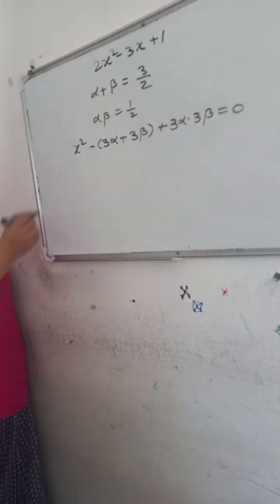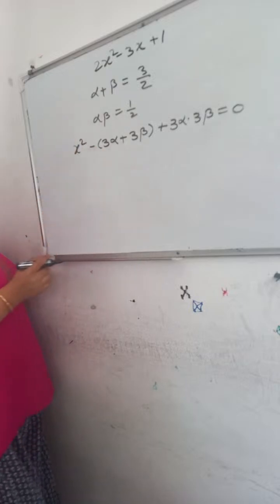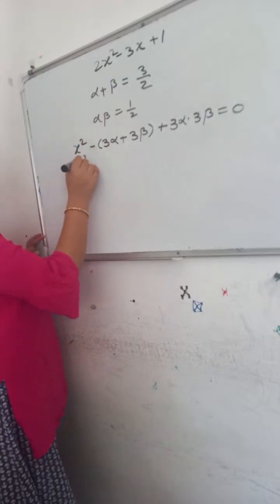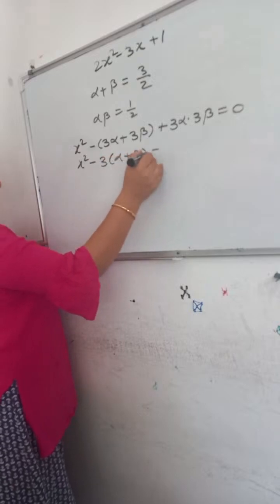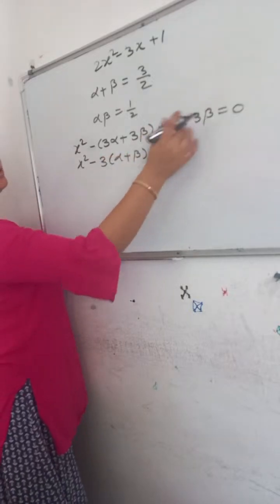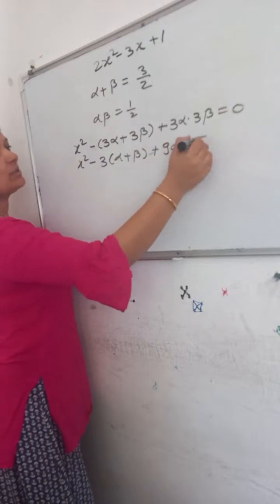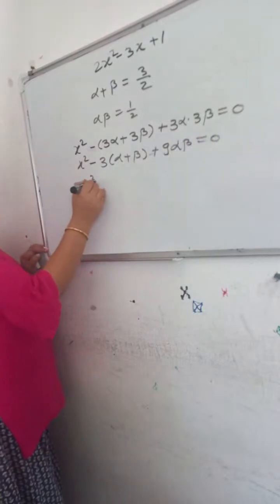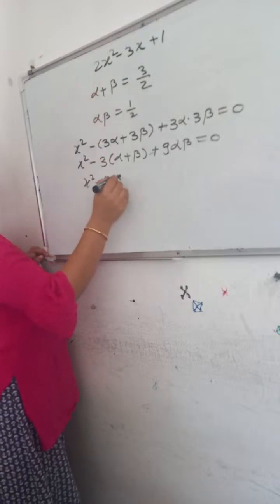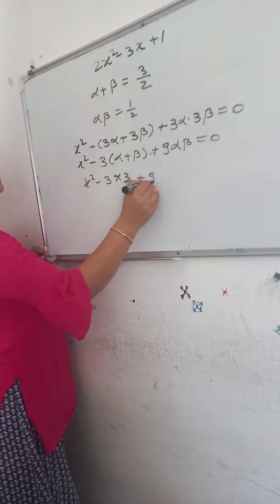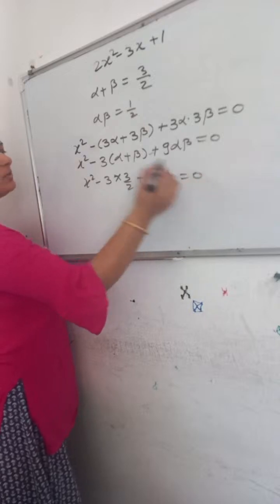Correct? So I have alpha plus beta and alpha beta. We can take 3 out common from alpha plus beta, and plus 3 into 3 is 9, alpha beta is equal to 0. So x square minus 3 into (alpha plus beta, which is 3 by 2), plus 9 into 1 by 2, equal to 0.